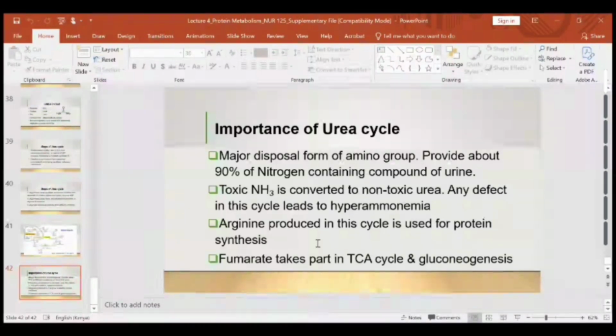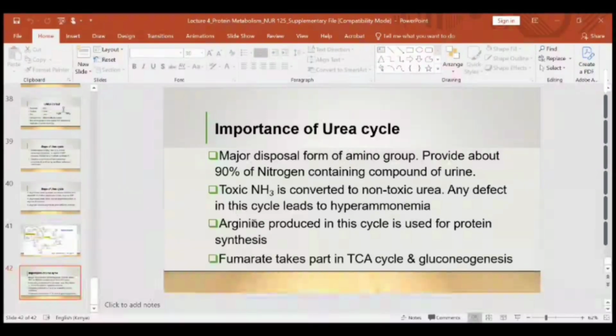But you also see that in the process, we are eliminating nitrogen that is in excess in the body. Arginine is also being produced, and we know arginine is an amino acid, key in protein synthesis.